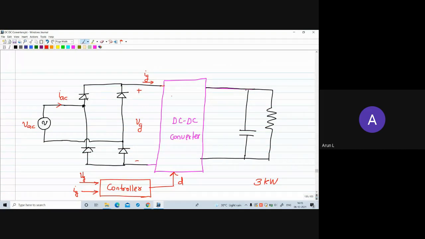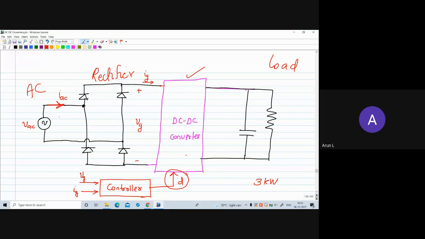So what we can do is we can introduce a DC to DC converter stage between the load and the rectifier. So this is our rectifier section. This is our AC side. This is our load side. Between the rectifier and the load, we can introduce a DC to DC converter, and by properly controlling the duty ratio of the DC to DC converter, we can make the input current flow in UPF.